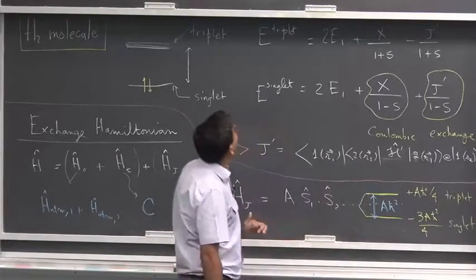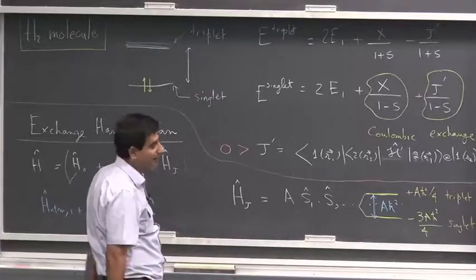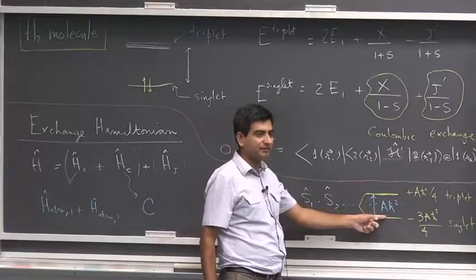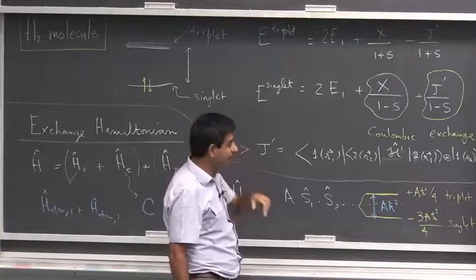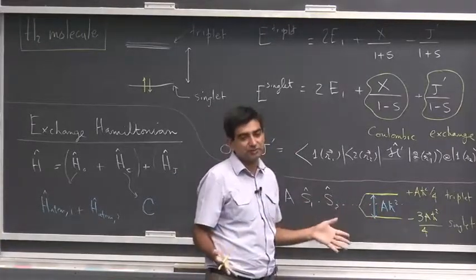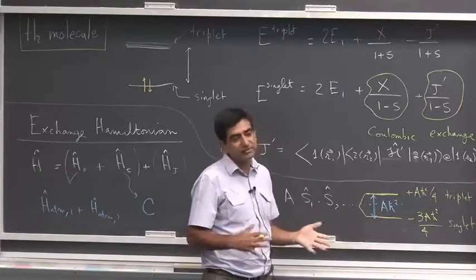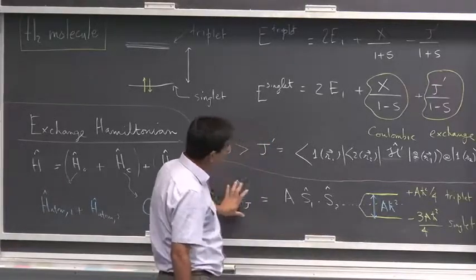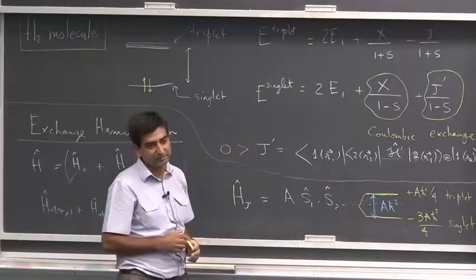Now if you look at the helium atom, the separation between these levels is 2J. So the separation here is proportional to A, and over there it is 2J. So why not put A equals plus or minus 2J? If you put A equals plus or minus 2J, then this Hamiltonian will recover the splitting in the helium atom between the singlet and the triplet states.